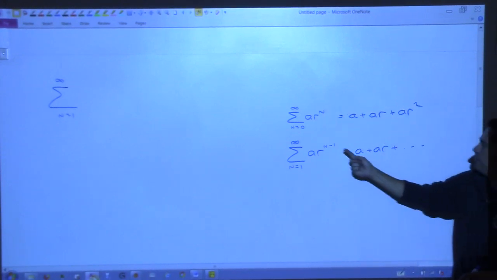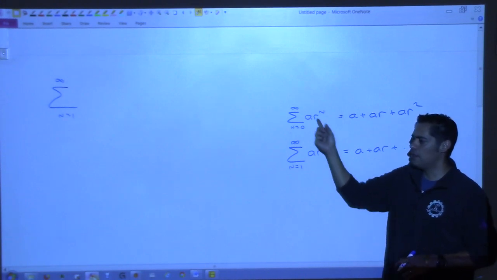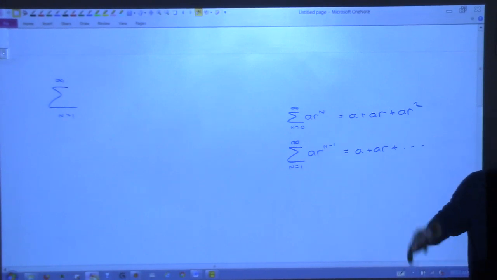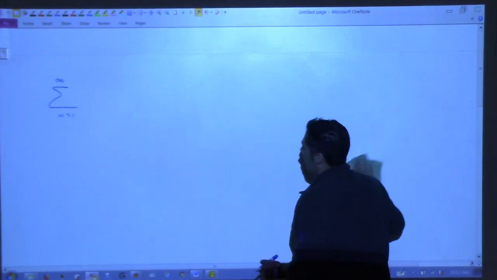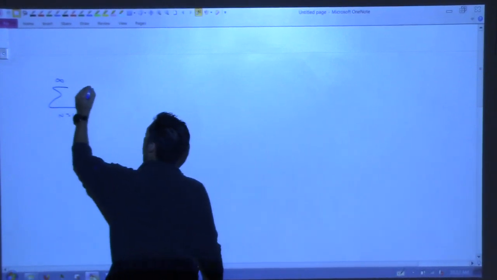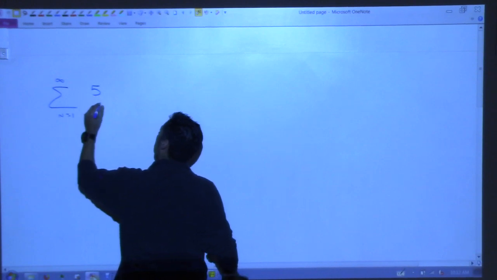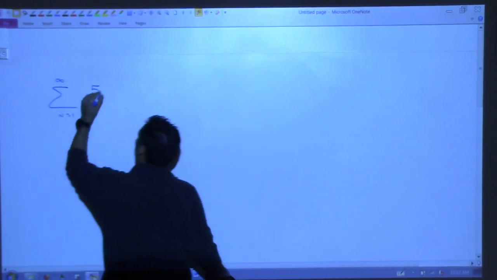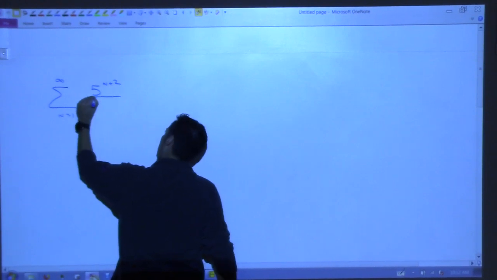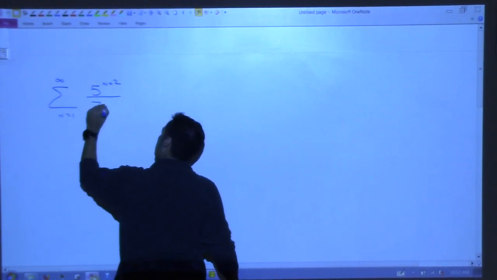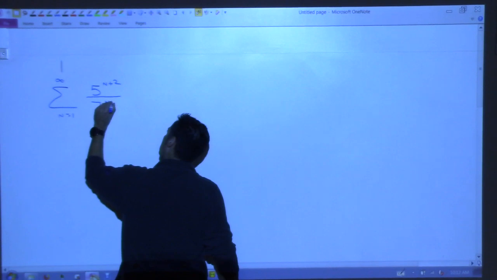So with geometric, if you see it like this or this, they both give you the same thing, all right? Now let's do another one. Let's do 5 to the n plus 2 over 7 to the n minus 3.